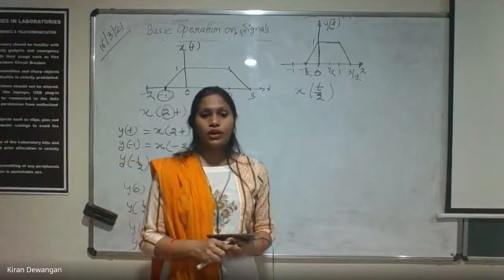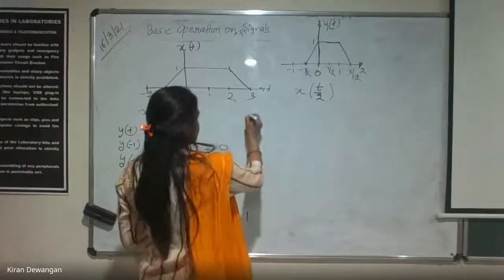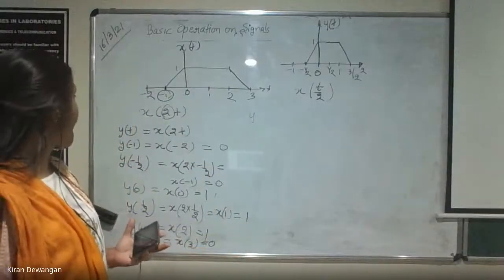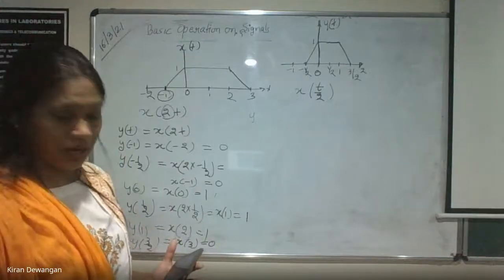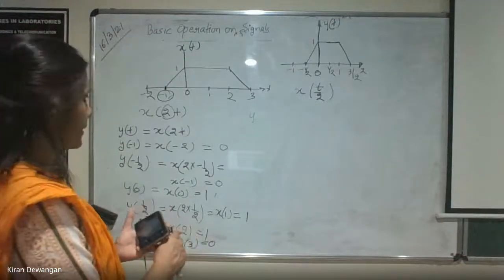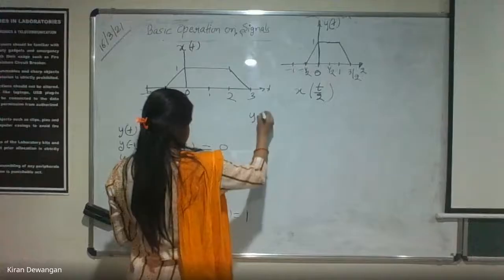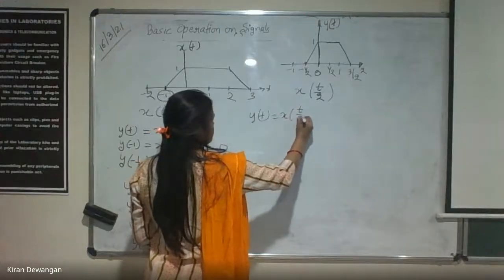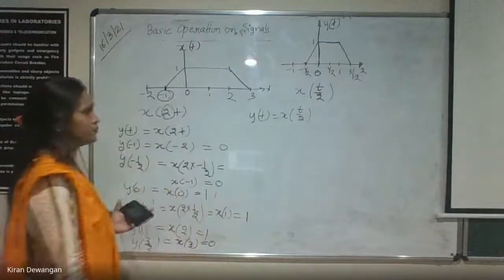It will start from -2. From -2 where will it go? 6. Yes. y of t is x of t by 2.